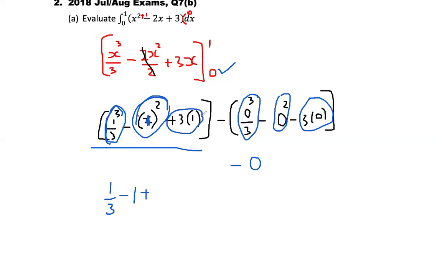We have 3. So all this, we are subtracting a 0. Don't you think 0 should just be ignored? Zero should just be ignored because even if you subtract or add a 0, it doesn't change anything.